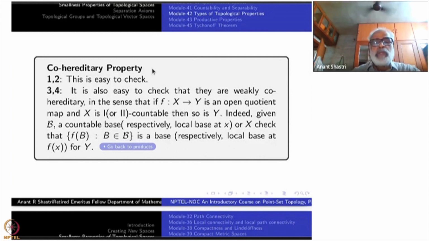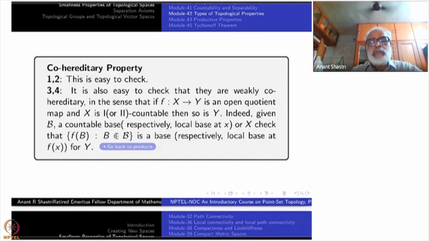So 3 and 4 are first countability and second countability, right? These are weakly co-hereditary in the sense that if it is an open quotient, then X second countable implies Y is second countable. Once again, it's very easy.